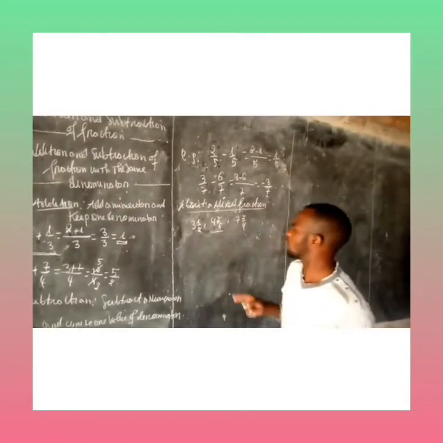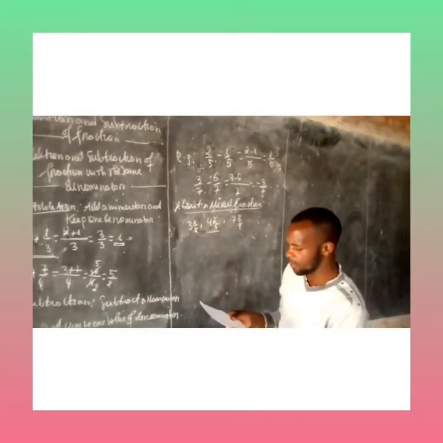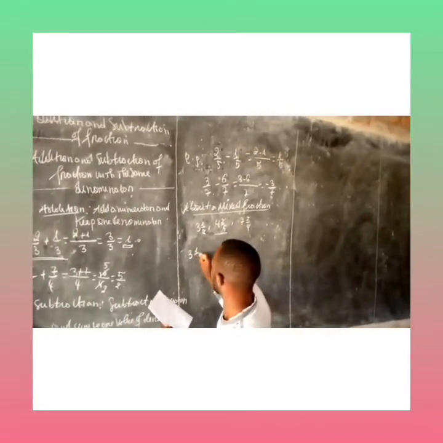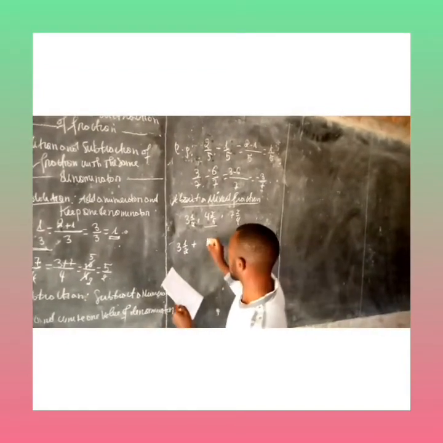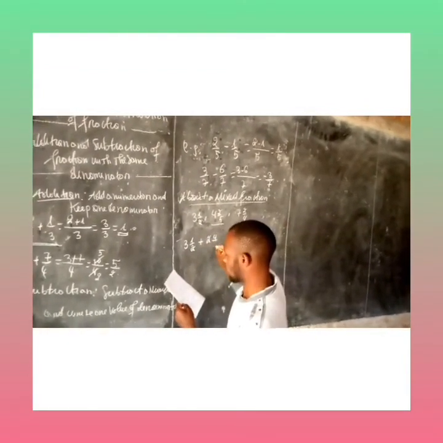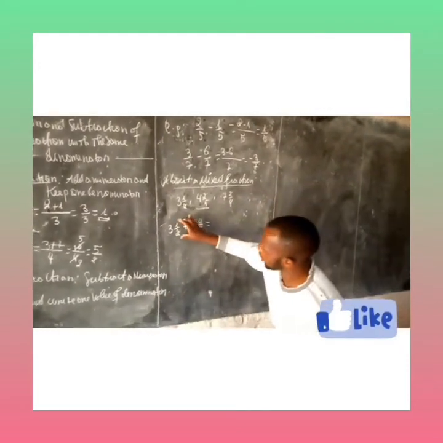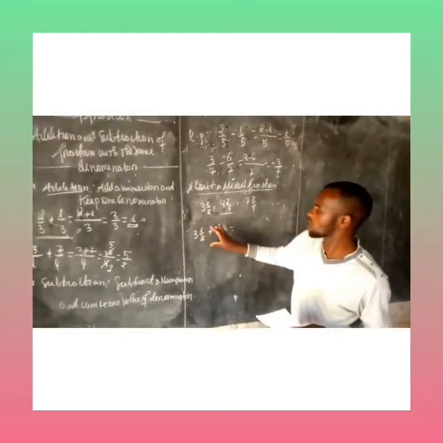So now, how to add mixed fractions? Here you have an example: 3 1 over 2 plus 2 4 over 5. First of all, you have to change each mixed fraction into a single fraction.